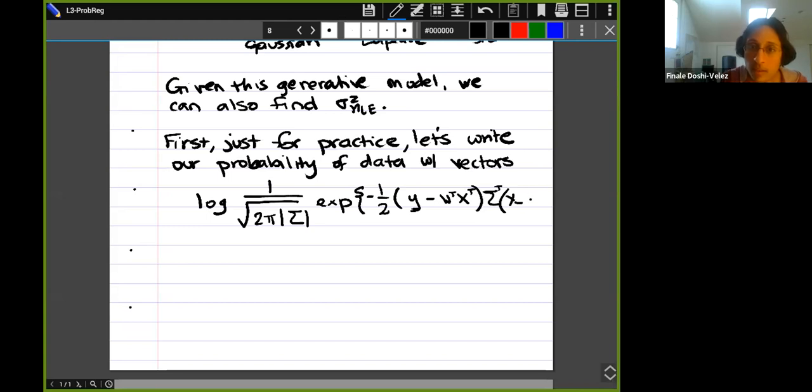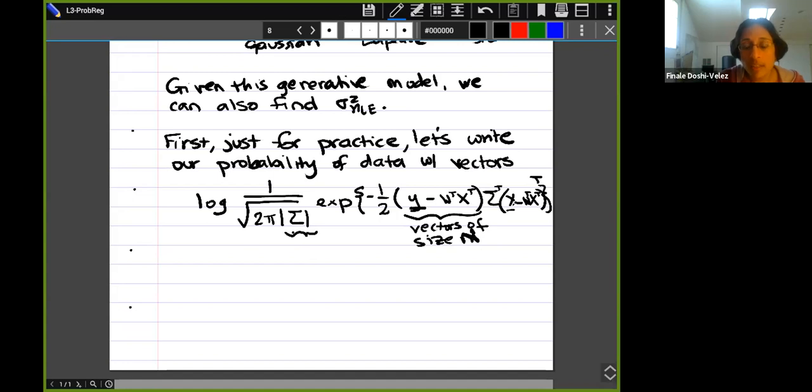Okay. So these are meant to turn into vectors over here. So these are going to be vectors of size capital N, right? Size of the data set.